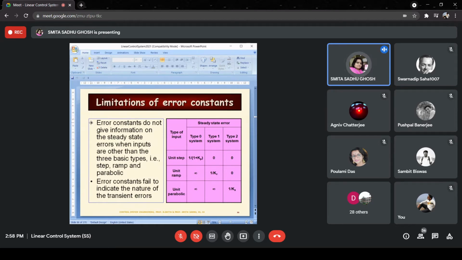Error constants do not give information on the steady state errors when inputs are other than the three basic types, meaning that this table is valid only for a step, ramp, or parabolic input.